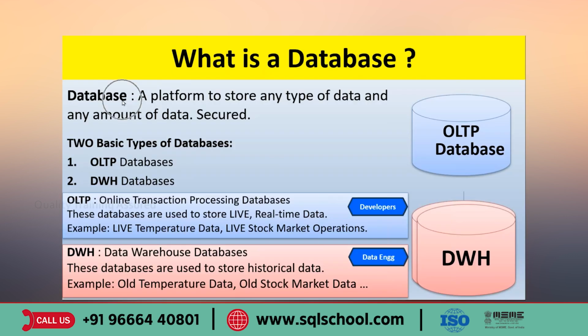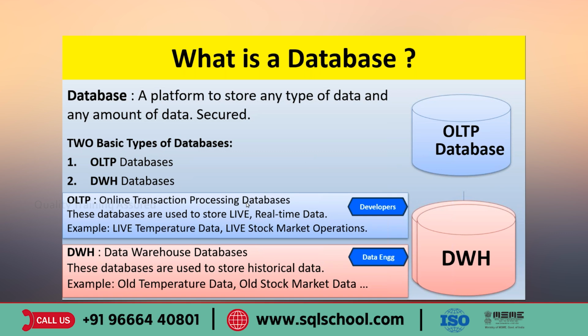First, what is a database? A platform to store any type of data, any amount of data. No exceptions, no restrictions. There are two basic types of databases: live OLTP database, online transaction processing database, to store live data, real-time data.